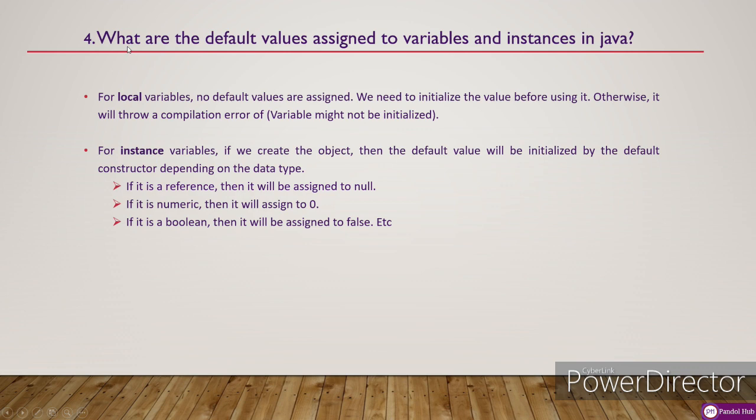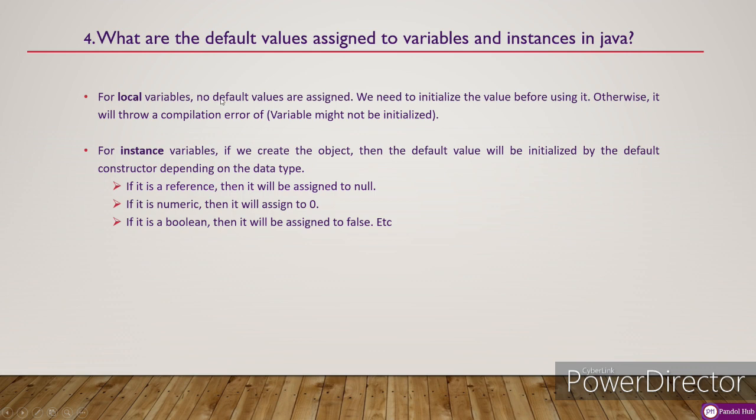So the next question: what are the default values assigned to variables and instances in Java? For local variables, we don't have any default values being assigned. We need to initialize the value before using it, otherwise it will throw a compilation error.